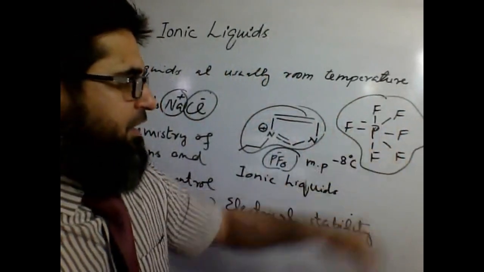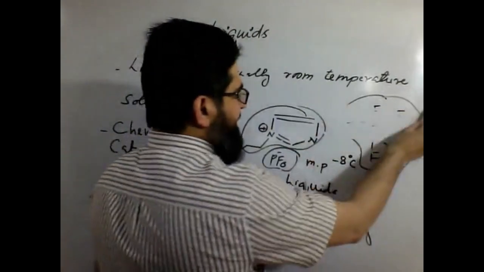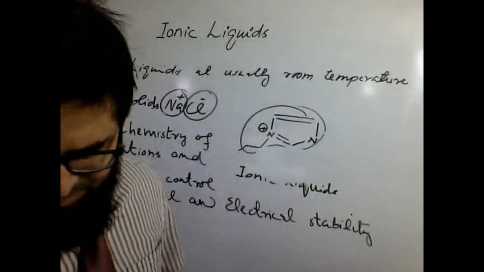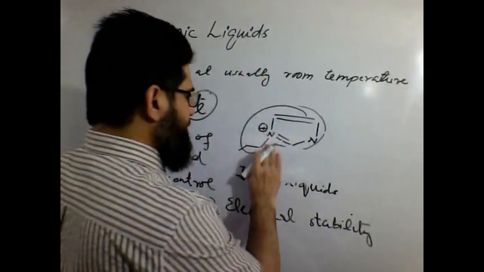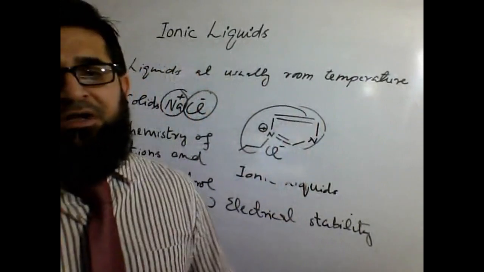It's an anion. Similarly, it could also have been replaced. Someone can, as I've written right in the beginning, simply use chloride over here as the negative ion. So that was also an ionic liquid.